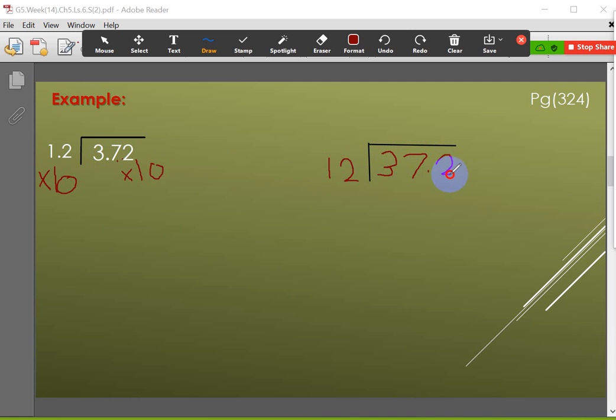Okay, yes, Mace. But I want you now to learn with me how we will divide 37.2 by 12. Can you help me, Mace? Okay, so how will I divide 37.2 by 12?